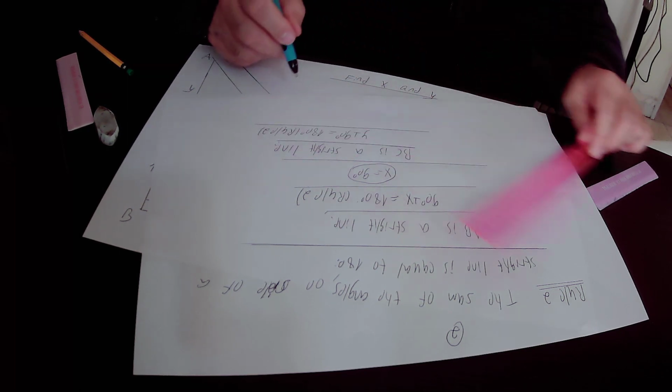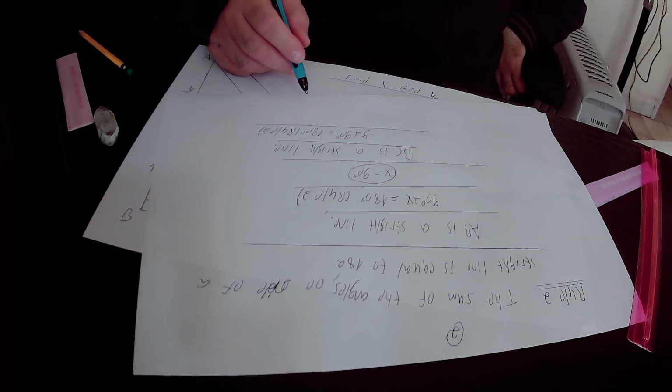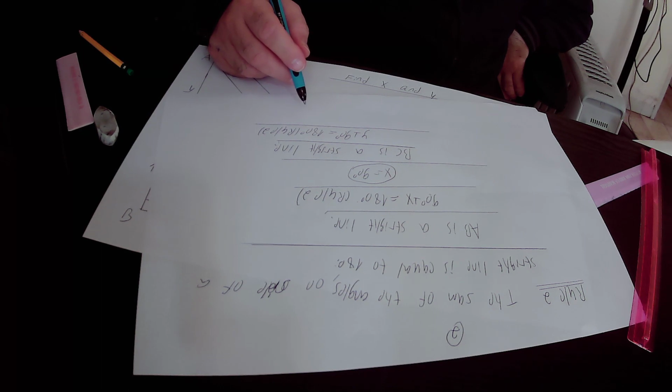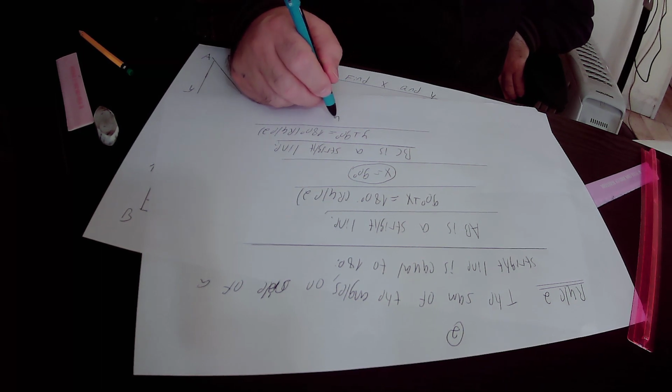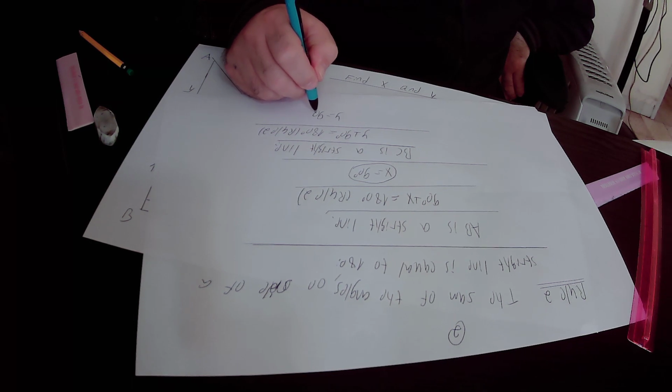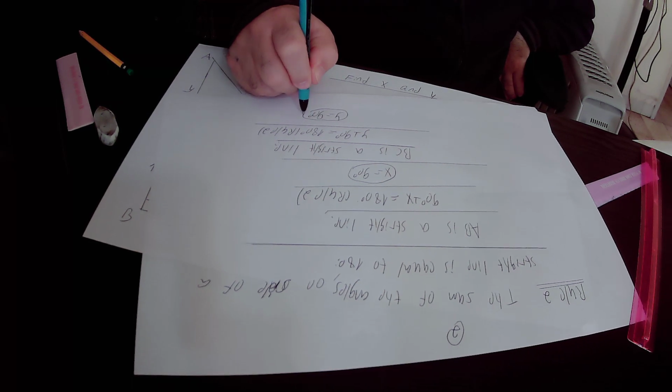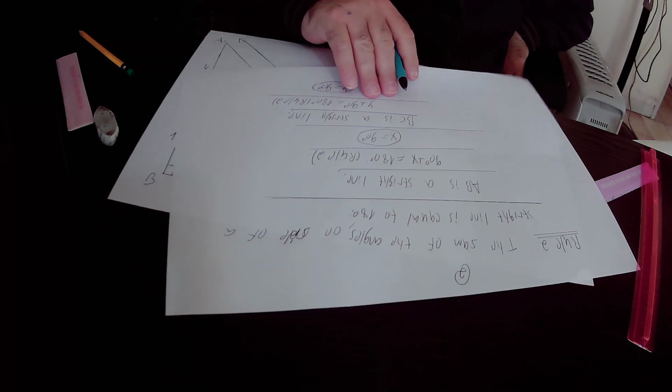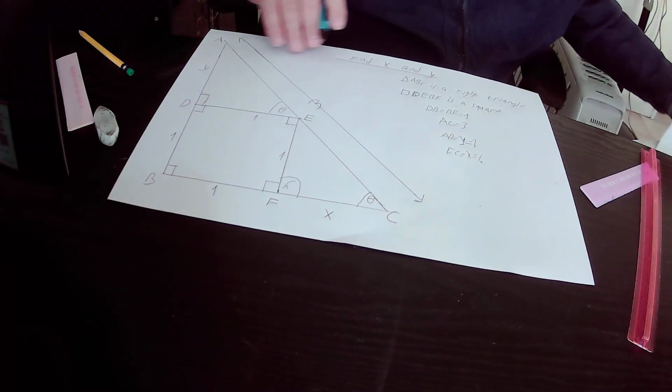So here we will subtract 90 degrees from this equation, and we'll get that angle y equals 180 degrees minus 90 degrees, which is 90 degrees. So we found out that angle y is a right angle, that is to say it equals 90 degrees.